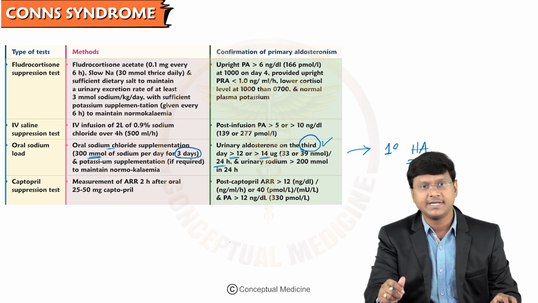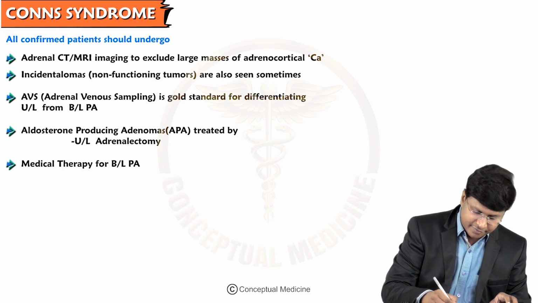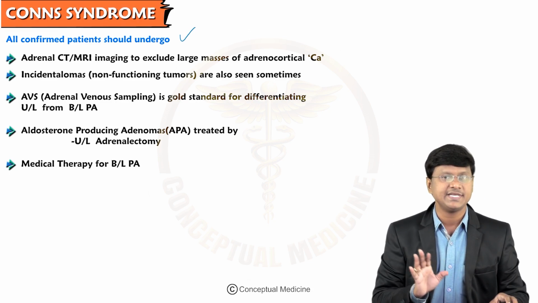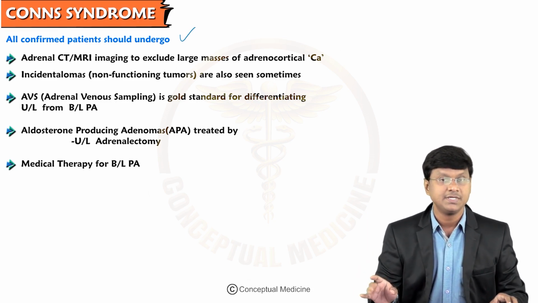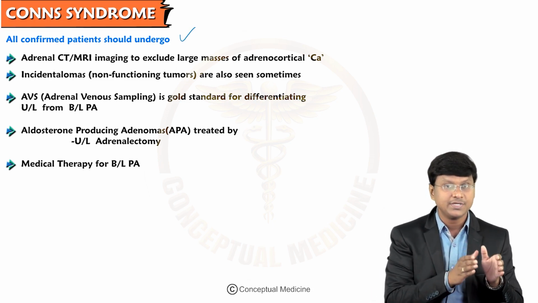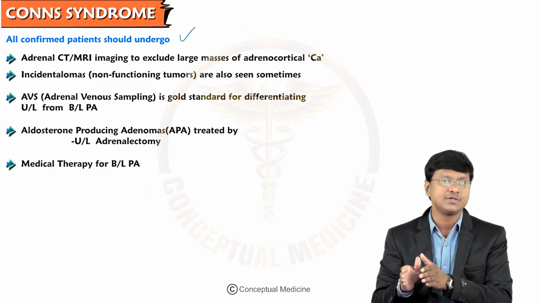Now, following that, imaging I have already discussed. All the confirmed patients have to undergo imaging. What is that? CT or MRI of the abdomen. Why? In order to look for the adrenal mass. And the other important thing is whether it is unilateral or bilateral hyperaldosteronism.